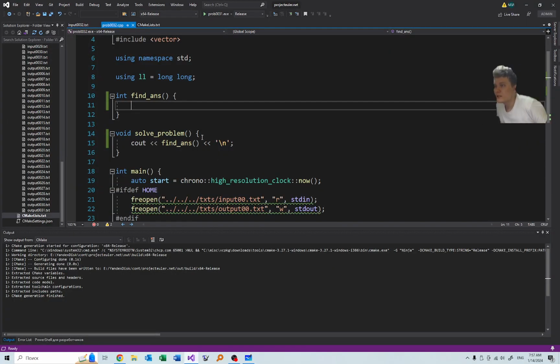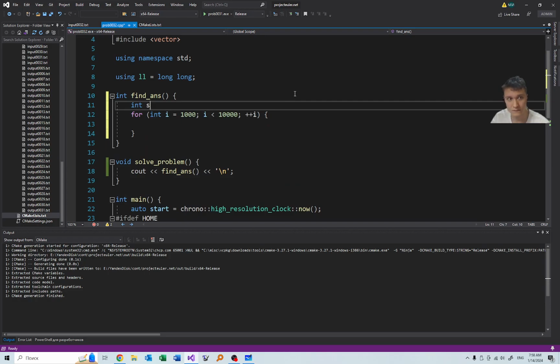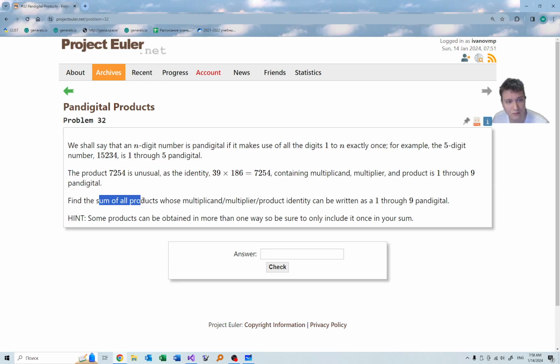Okay, so let's do it somehow. We iterate over all 4-digit numbers, and we need to find the sum of these numbers.